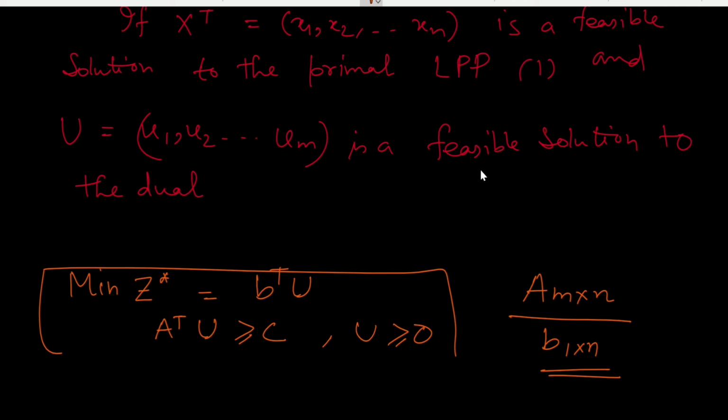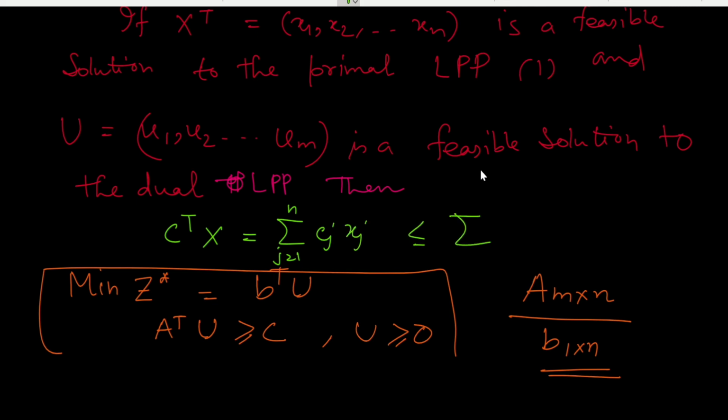So in the dual LPP, it is given that C transpose X, equal to summation j equal to 1 to n of Cj xj, is less than or equal to summation i equal to 1 to m of bi ui, which is equal to B transpose U. This is the weak duality theorem.